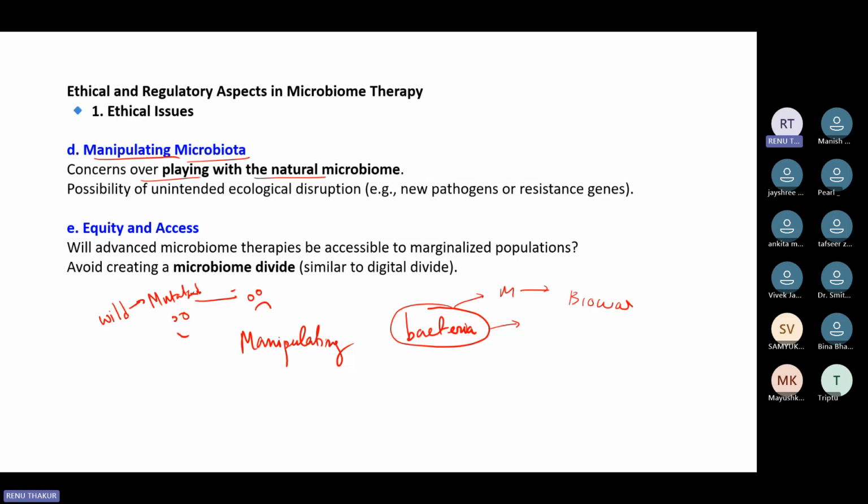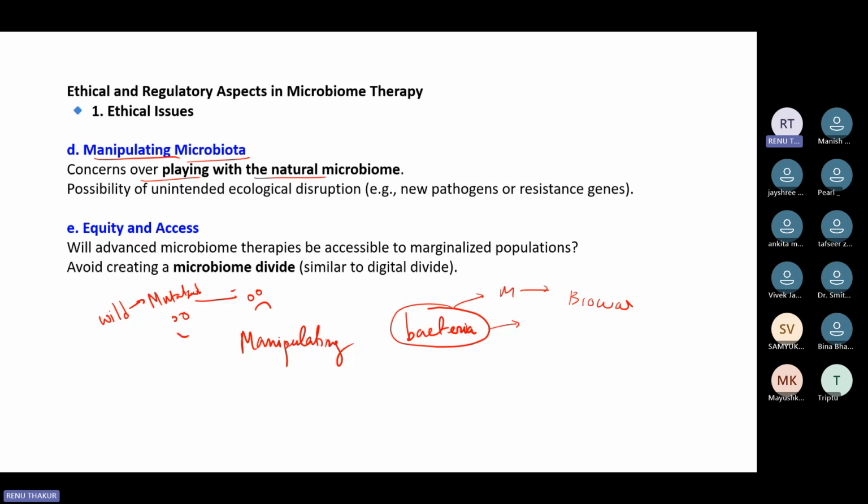So these are also an ethical concern and a regulation that you must dispose of in a very safe manner, so that it does not contaminate any water bodies, or the soil also, because soil-borne pathogens are also there.